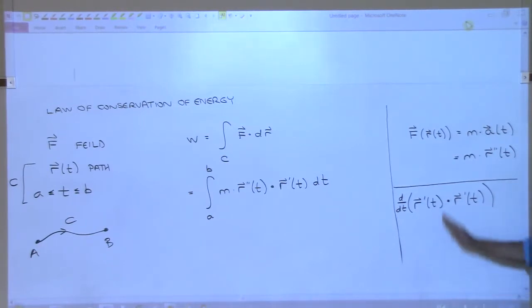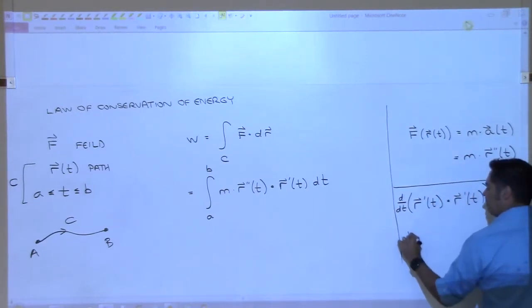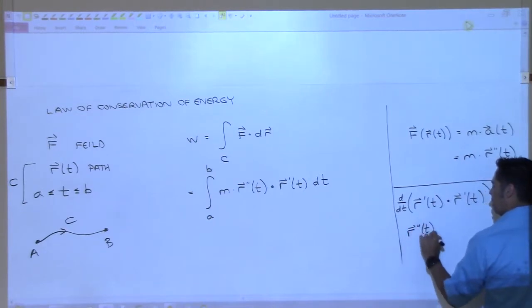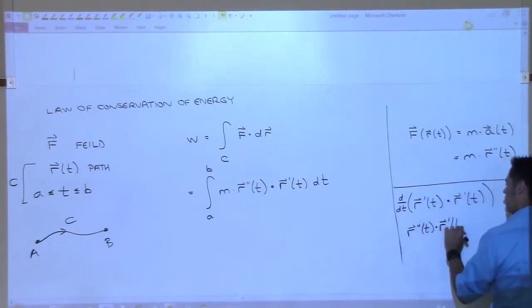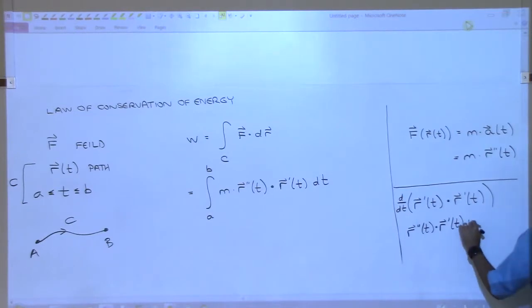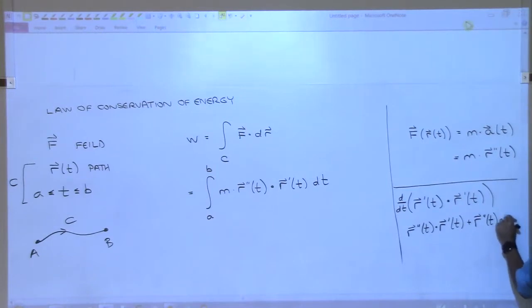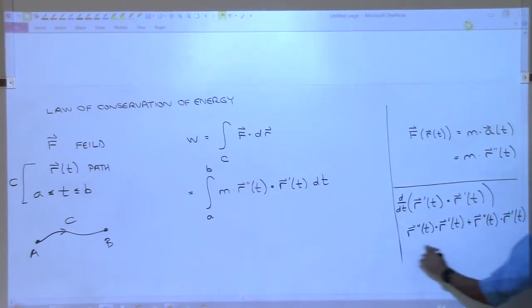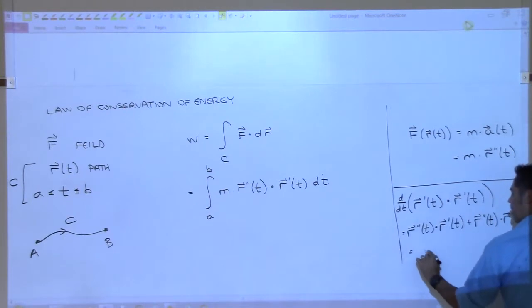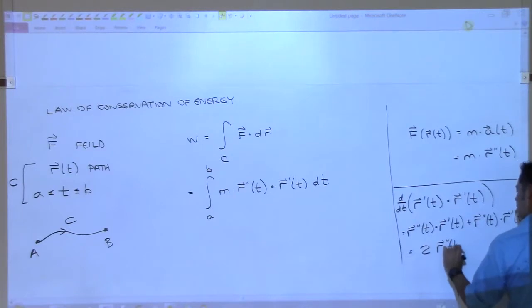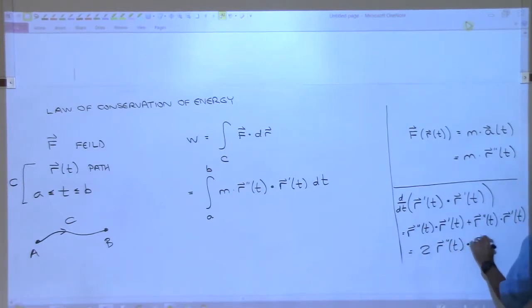That's all it is. It's the derivative of this dotted with that plus the derivative of this dotted with that. So the derivative of that is r double prime of t dotted with r prime of t, plus the same thing, r double prime of t dotted with r prime of t. So that would be equal to 2 times r double prime of t dotted with r prime of t.